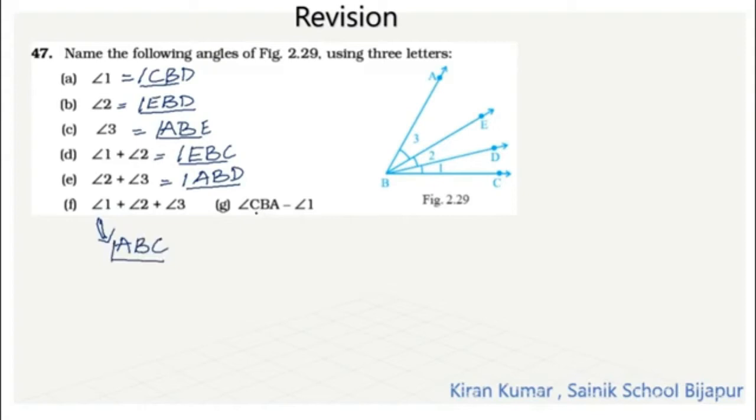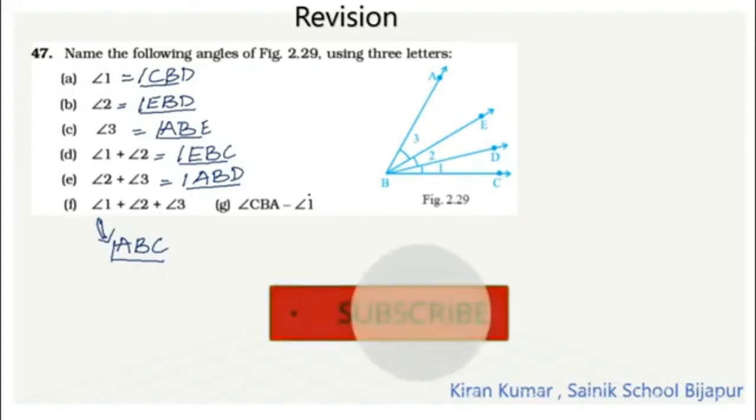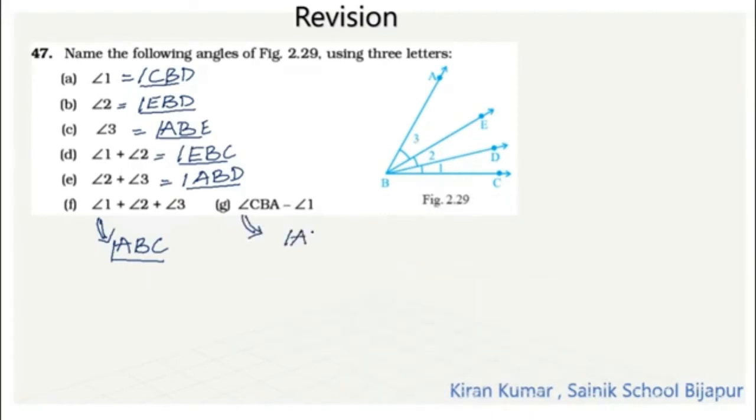Angle CBA minus angle 1 will be the sum of angle 2 plus angle 3. This will be the remaining angle. So this will be same as angle ABD.